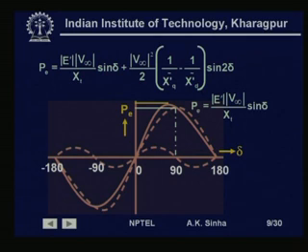Now, let us see this same situation. Here we have this curve, which is shown here, which is showing P e is equal to e dash v infinity by x t sine delta.